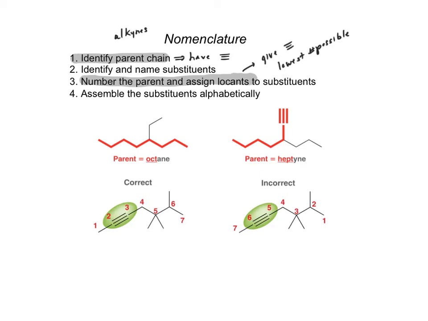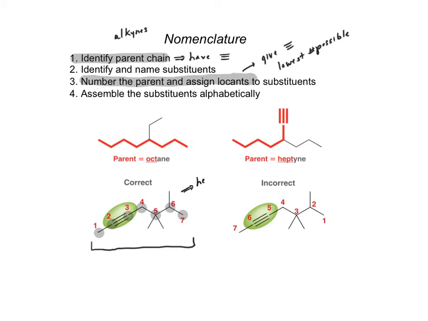Okay, so as an example of that, we have this guy down here, right? So when I'm looking for my parent chain, I'm looking for the longest chain that has that triple bond. So if I count that, I'll find that I have 1, 2, 3, 4, 5, 6, 7 carbons here. So what is 7? It's hept.